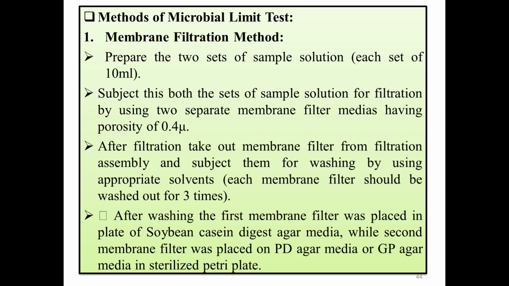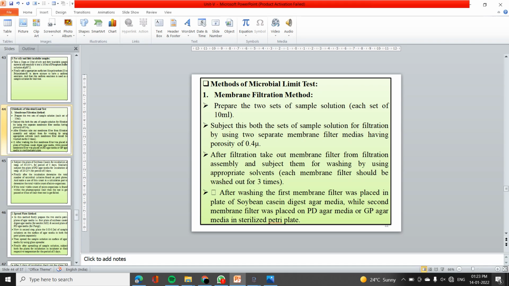Particles larger than 0.4 micron cannot pass the membrane. After filtration, take out the membrane filter from the filtration assembly and subject it to washing with an appropriate solvent. What does after filtration mean? See this image.